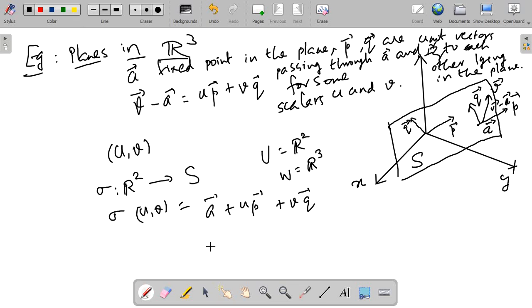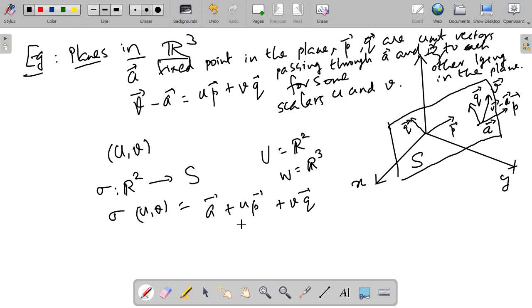Is sigma bijective? Yes, of course, because sigma of (u1, v1) equal to sigma of (u2, v2) means that A plus u1 P plus v1 Q will be equal to A plus u2 P plus v2 Q. Both the vectors A cancel each other, and you are left with (u1 minus u2) times vector P equal to (v2 minus v1) times vector Q. But P and Q are perpendicular to each other, therefore they are linearly independent.